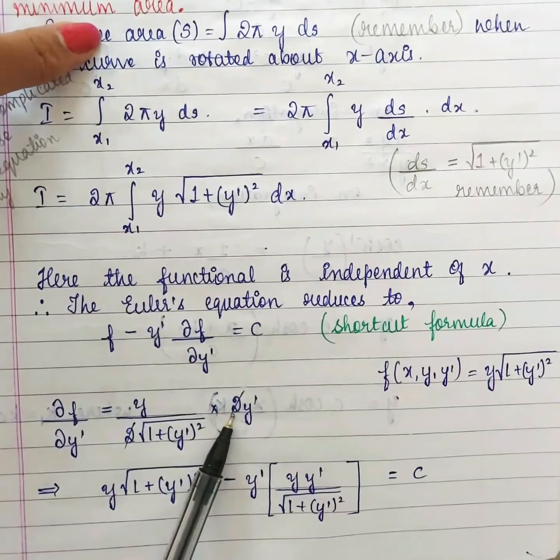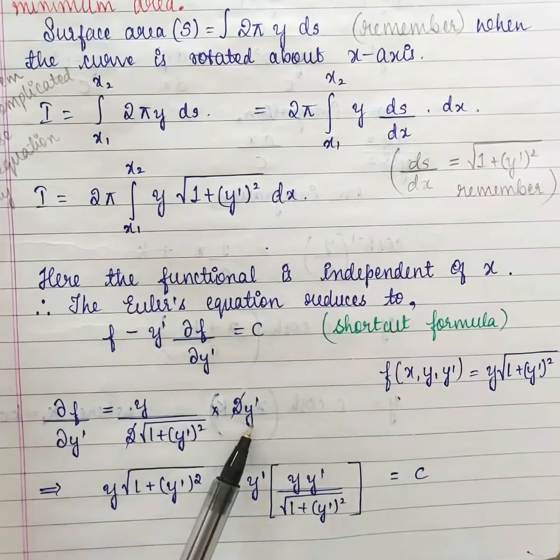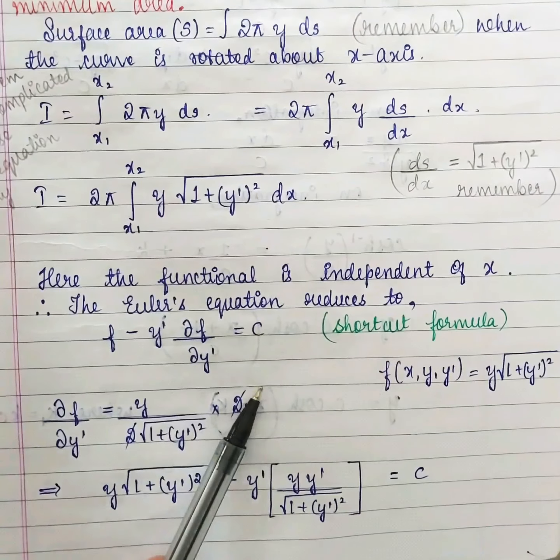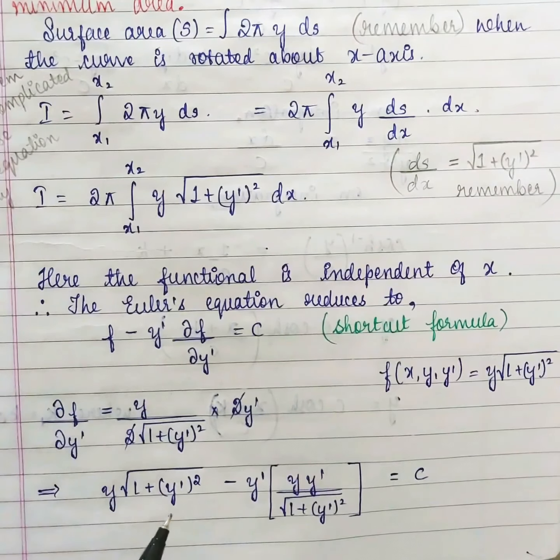So y into 1 by 2 into root of 1 plus y dash square into derivative of 1 plus y dash square. So 1 if I differentiate becomes 0, y dash square if I differentiate, 2 into y dash. And again I repeat, we will not write y double dash because we are partially differentiating with respect to y dash. So we are stopping with this, 2 into y dash.